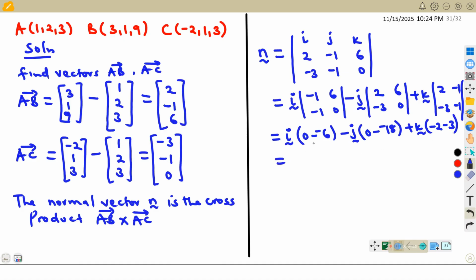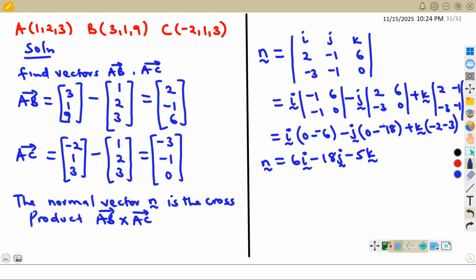So this will give us 6i, minus 18j, and actually it will give us a minus because this is negative 5, so we shall have minus 5k. And this will be our normal. So our normal will be 6, negative 18, and negative 5.